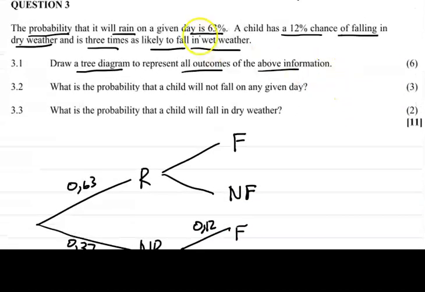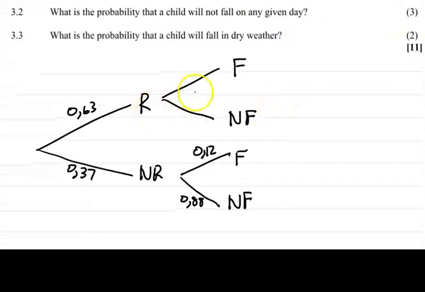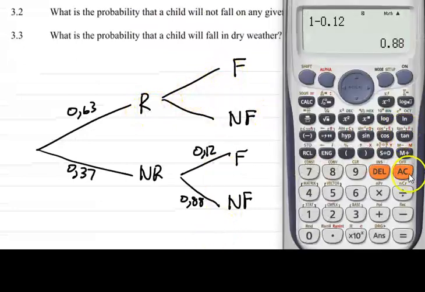Now let's read on. It says here that a child has a 12% chance of falling in dry weather and is 3 times as likely to fall in wet weather. So remember, rainy now is wet weather. So 3 times as likely to fall in wet weather. So now that's going to be 0.12, so 3 times likely will be times 3.